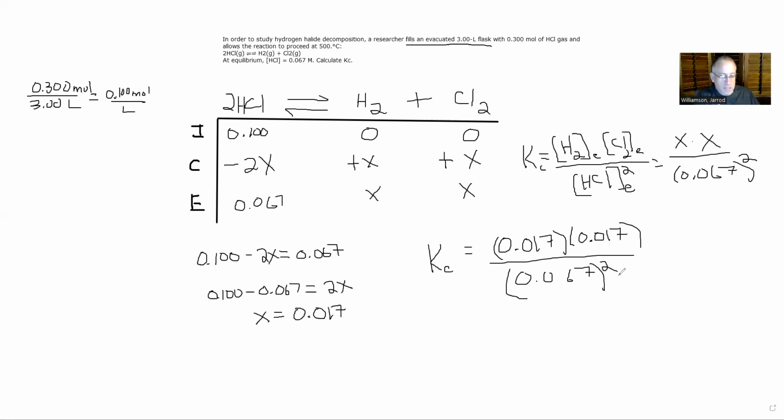And I get my calculator out. 0.017 times 0.017 divided by 0.067 squared.